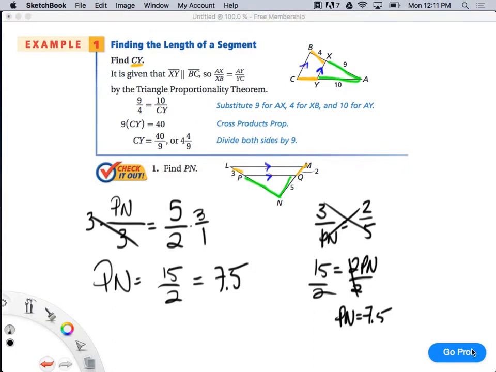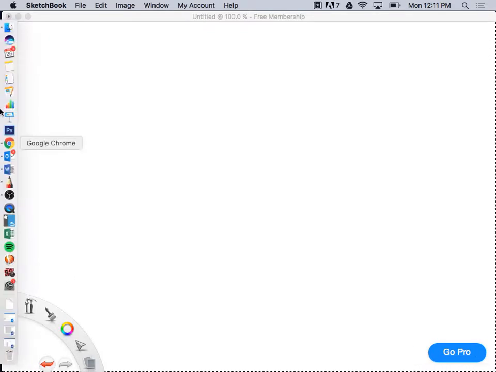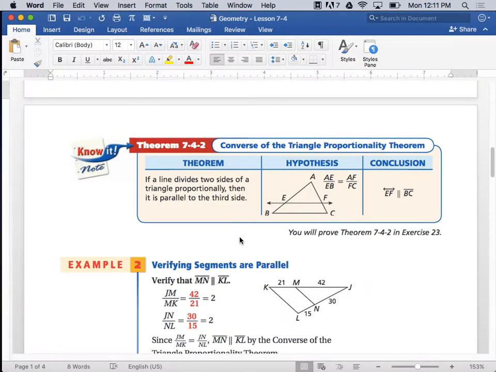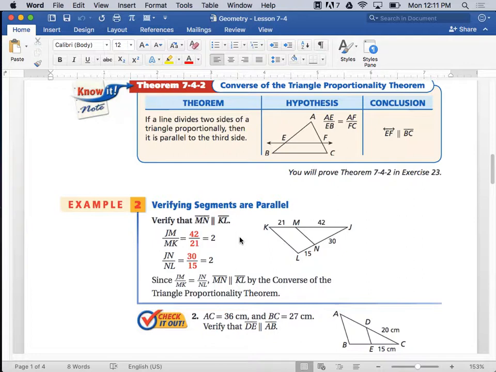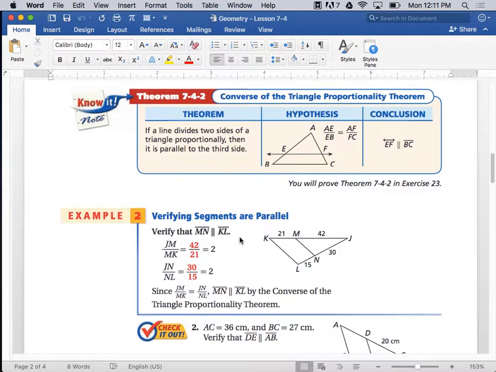Alright, let's take a look at this next one. Theorem 7.4.2.